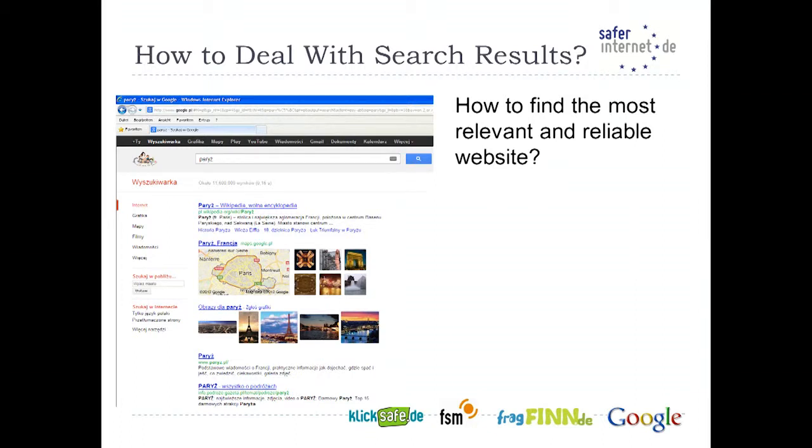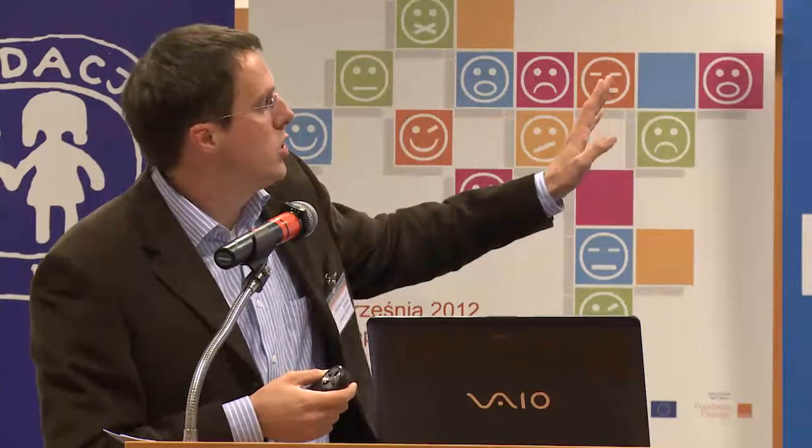A very important question is how to find the most relevant and the most reliable websites. A very important task. And what you see is that the search results offer quite a lot of different things. You have some results which are from cities, from governmental organizations, some are advertisements, some are hits from Google Maps or from other Google services.